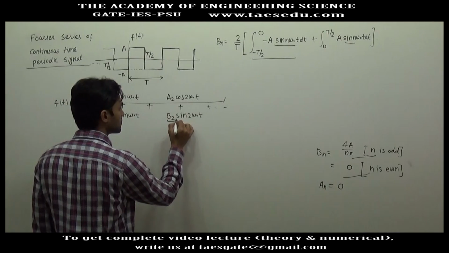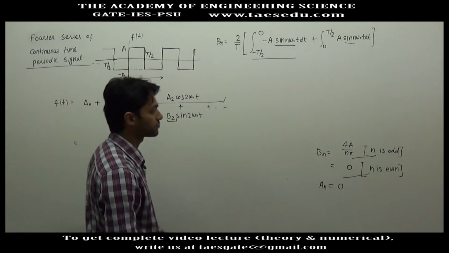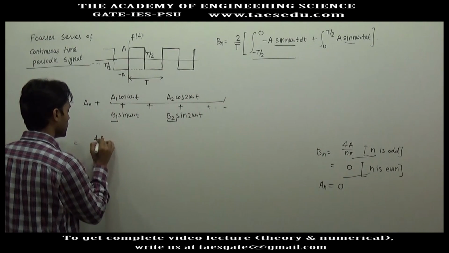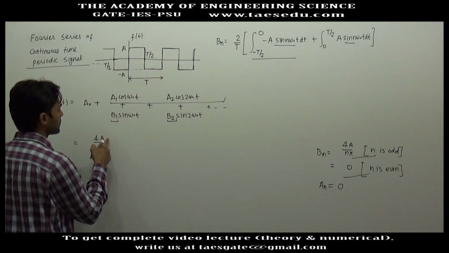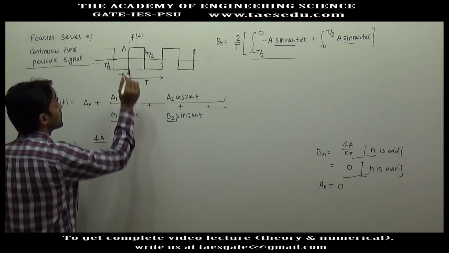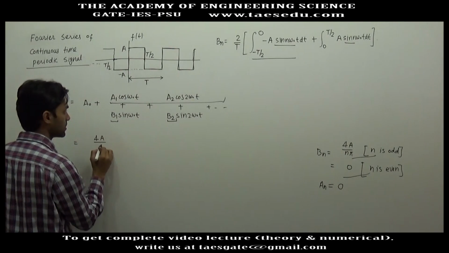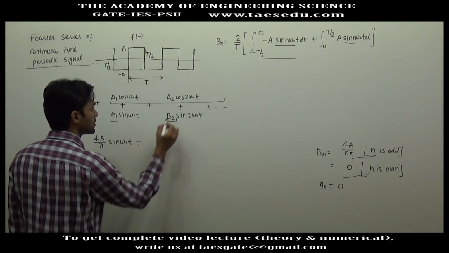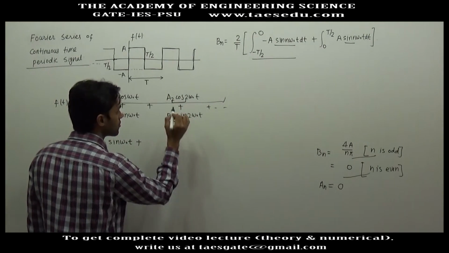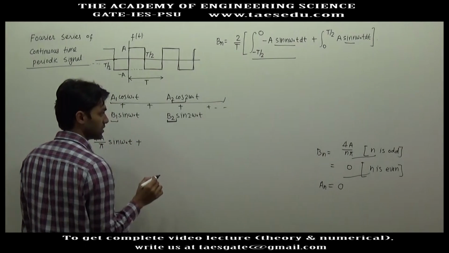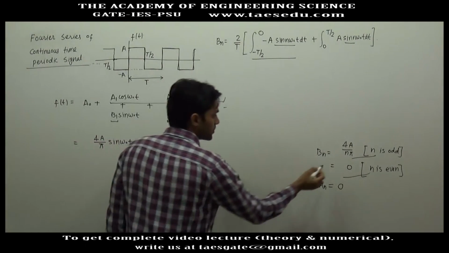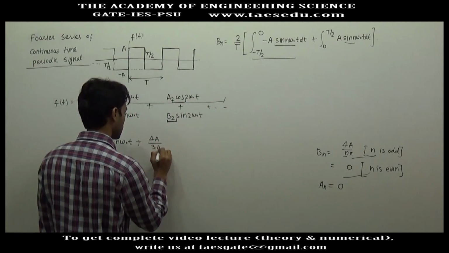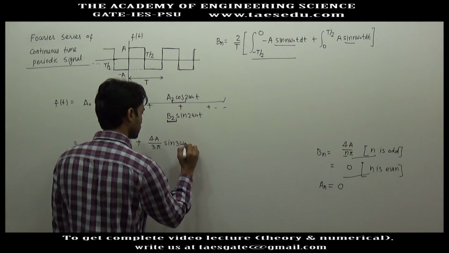So b1 you get by putting n equal to 1: 4a by pi sin omega naught t. Here a is amplitude, not a1 or a0. Then b2 is 0, so the next term will be b3, and for b3 we put n equal to 3: 4a by 3 pi, this is third harmonic.